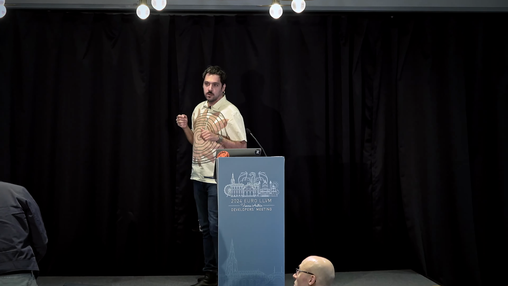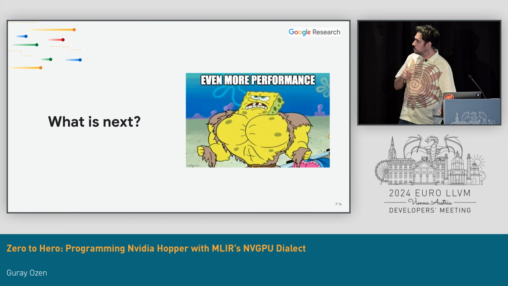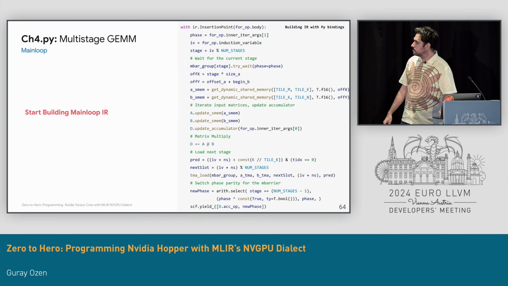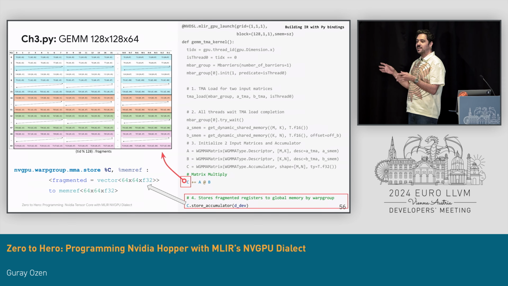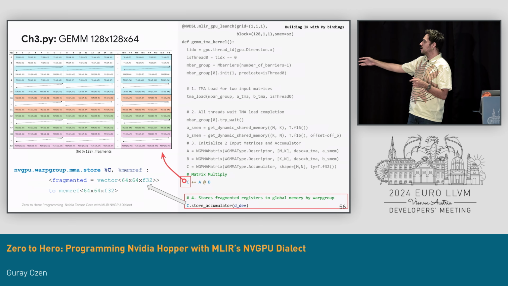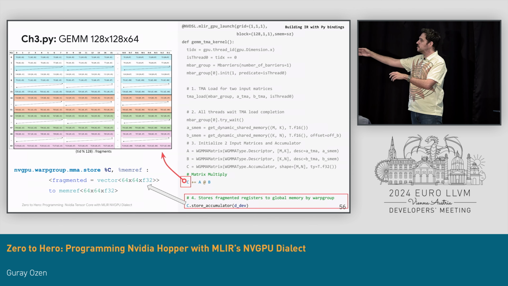Can you do element-wise or some reduction after you do the MMA? I don't know much about the Tensor Core, do you have to move from some other register? Yeah, let's go to that slide. So we can do everything. Why can we do everything? Because we hide these things in Python, and from Python we go to the NVVM dialect, and these are actually registers, so we can do the reduction.